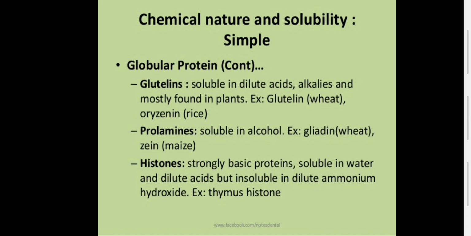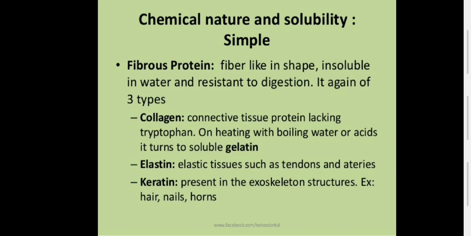The examples of it are wheat and maize. Histones are strongly basic proteins, soluble in water and dilute acid, but insoluble in dilute ammonium hydroxide. Basically, the example of it is thymus histone. So always take a look at those definitions and functions. Okay. Next to globular protein, we have fibrous protein.